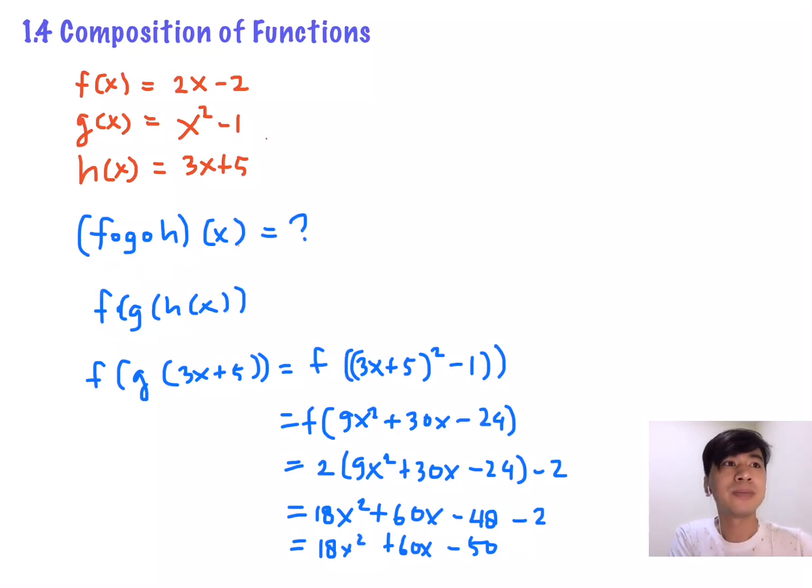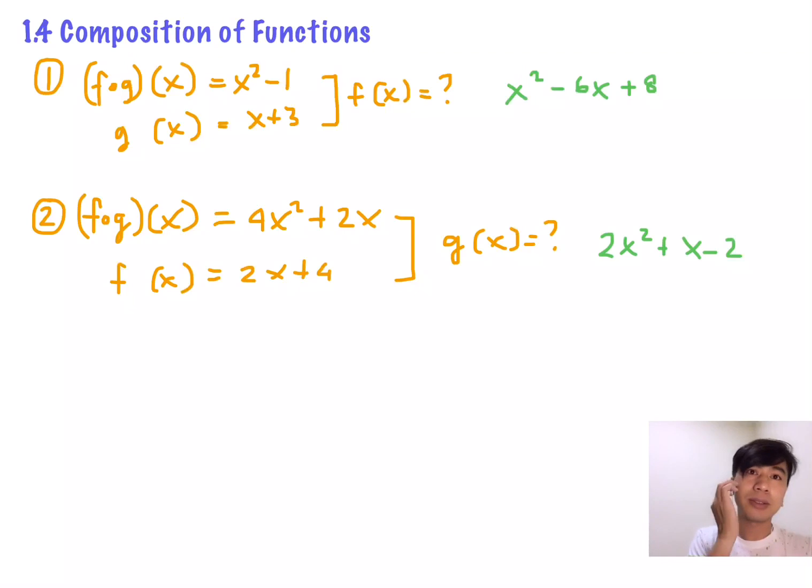Remark for that one. Okay, next one, I'm going to give you the advanced problem. I'll leave you to think about how we can do this. So f of g of x is x squared minus 1, and g of x equals x plus 3. What is f of x? Usually we are given g of x and f of x, but now you have to find f of x.